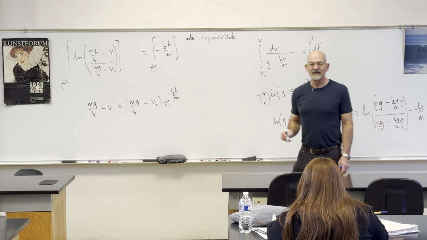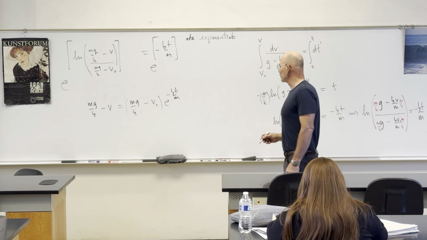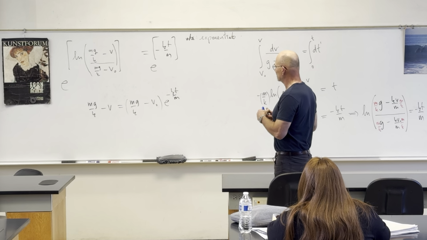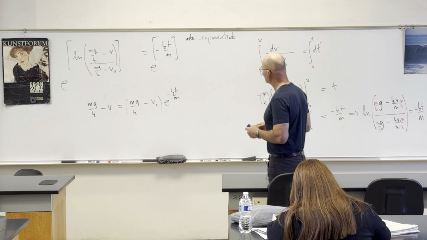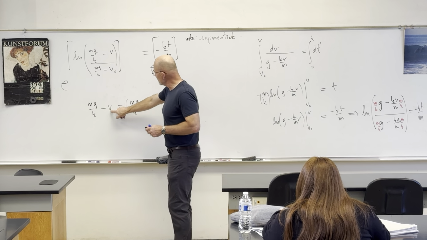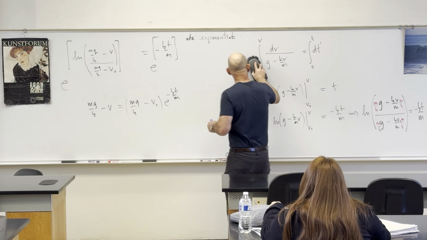Now we have to put this into a form that is transparent to us. Right? That makes some sense. We're just going to solve for v here and see what happens.